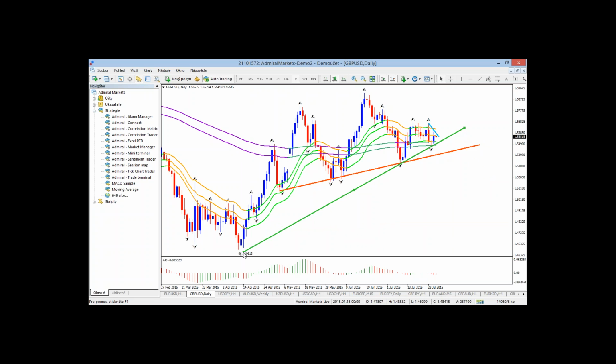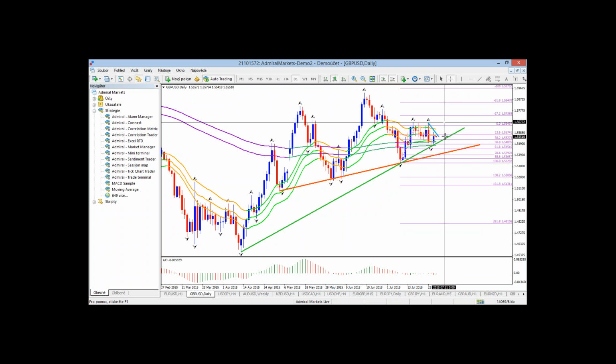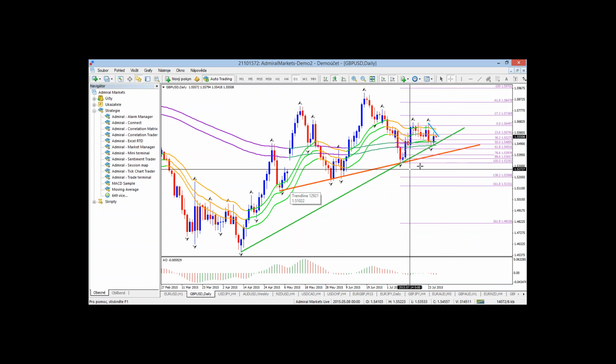And it was definitely a good extra confluence with the 61.8 fib. Which one is more important? I would say, yeah, I would agree with you, the green one probably is more important, but I wouldn't exclude the orange one because of the green one. I think both are equally valid.